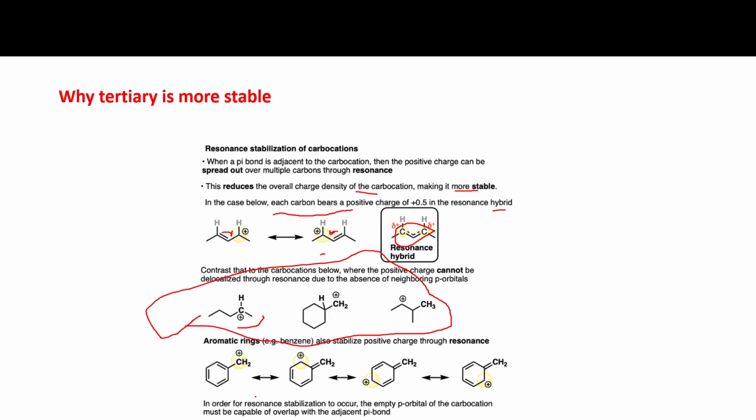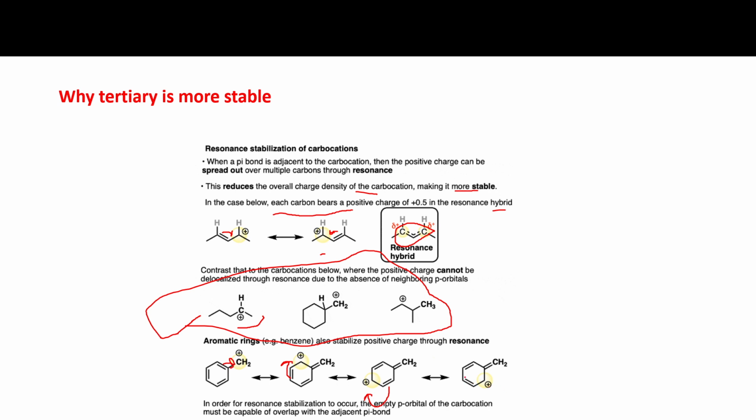But when you have a benzene group, it will stabilize your carbocation in this way by resonance. The positive charge forms here, then next it comes here, and the positive charge is given here. Then the next step is the positive charge coming here.